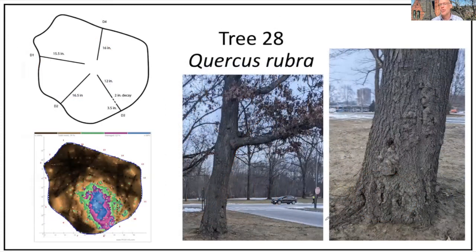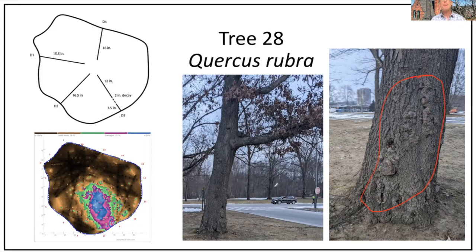And the same thing is true with this red oak. In this case, and I know this tree in particular is one that I've looked at many times, there's quite a bit of kind of odd growth patterns on one side of this trunk, and it's visually pretty striking.